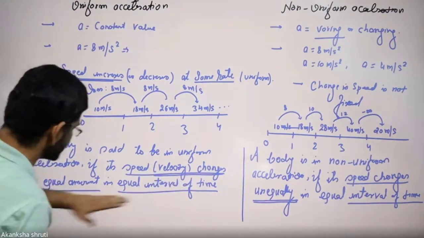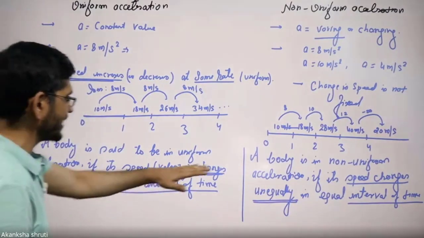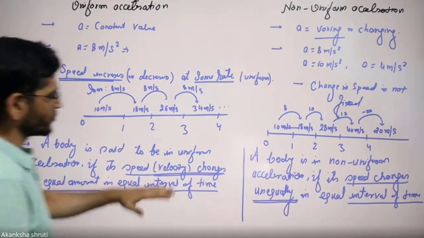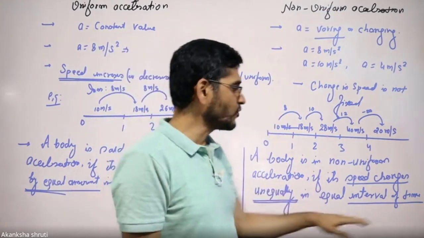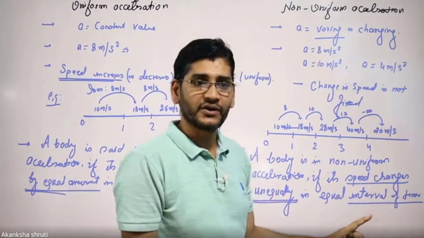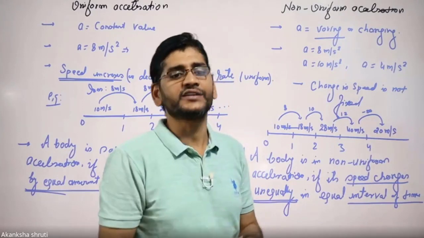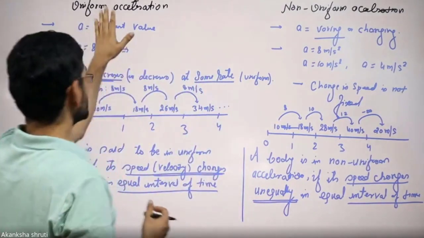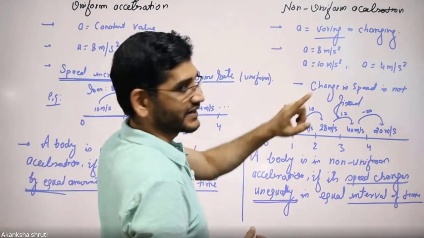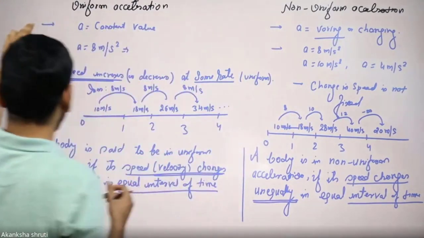That's why it is defined like this. So change in velocity is equal in equal interval of time. The change in velocity is unequal in equal interval of time. So this was about uniform and non-uniform acceleration. It is also in your book and the question is asked.